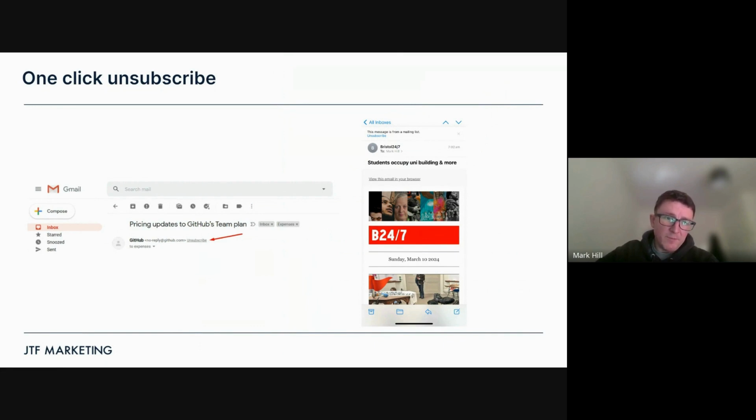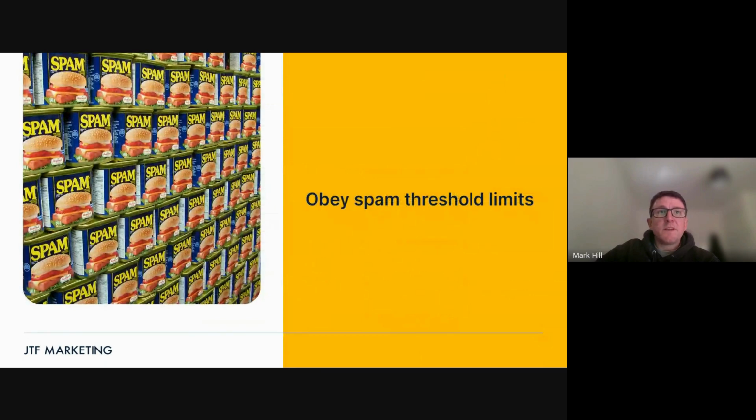In Gmail, it shows up as a little unsubscribe link there. You can also access it from the menu here, I think. And this is on an iPhone, the Mail app on iOS, and you can just see it at the top here. So yeah, that's that.